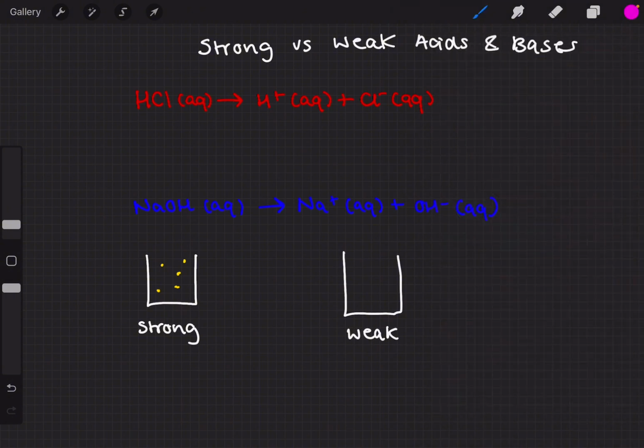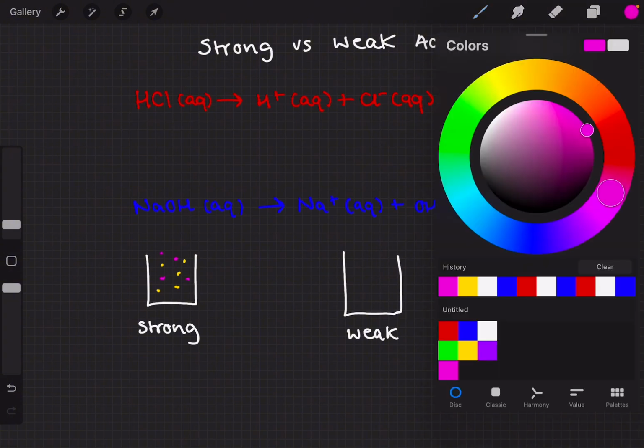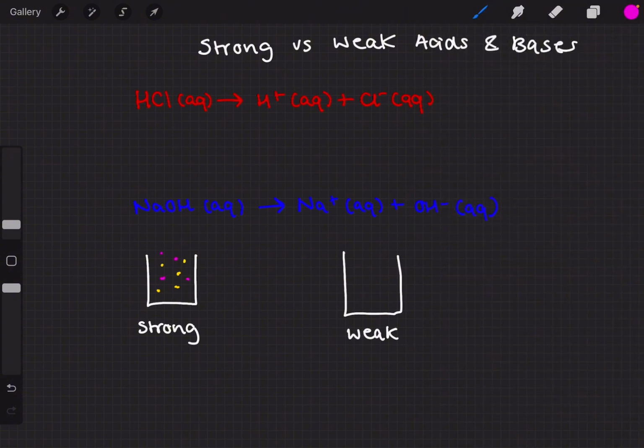The two atoms or polyatomics that make up the acid or base are going to be completely separated. However, in a solution that has a weak acid or base, only some of these particles are going to be separated. Some of them are still going to be intact. So as you can see here, I'll circle them to make it a bit more clear. These ones are still intact. Well, that one's not. Well, the rest are ionized.